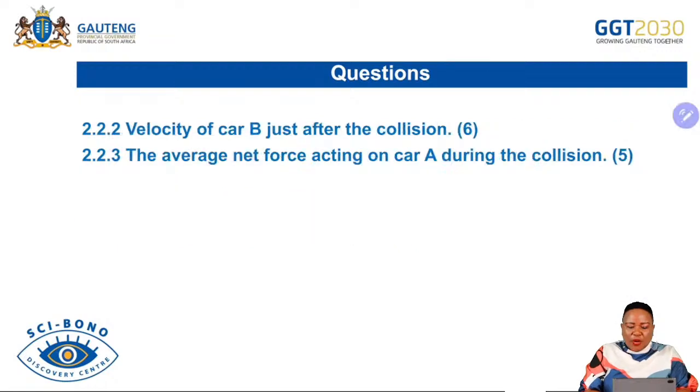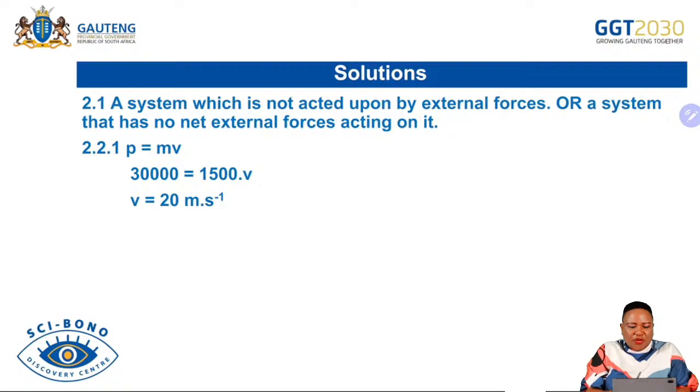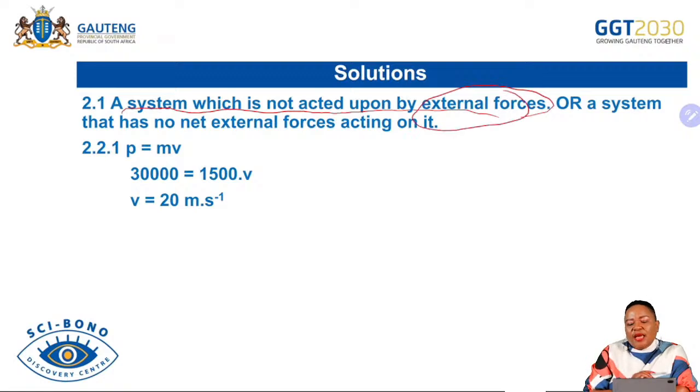So to deal with a graph question, you know that an isolated system is a system which is not acted upon by external forces, or a system where there is no net external force acting on it. That is how you can deal with the definition. Here they said we must calculate the velocity just before collision.